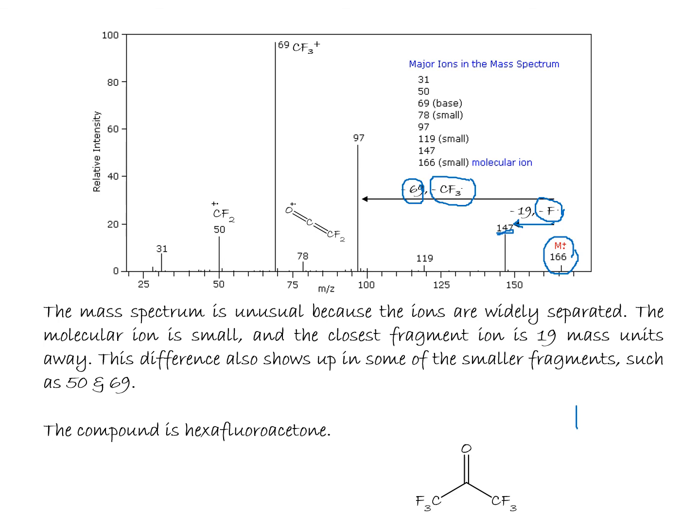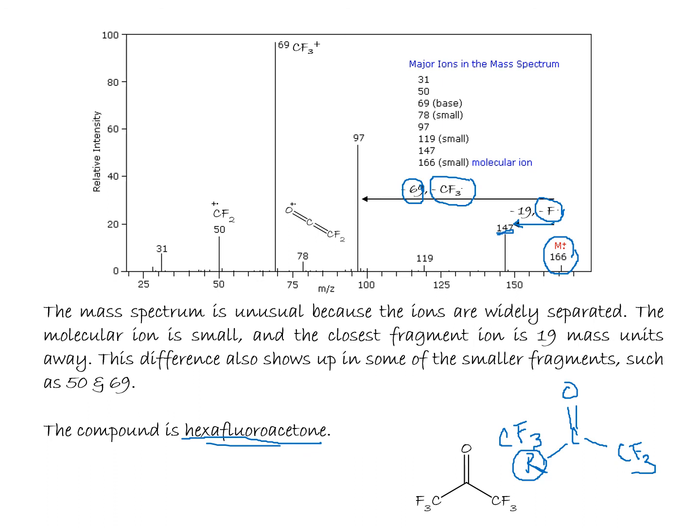So you have C=O, you have CF3, and the rest of the part is here. According to the 166 molecular ion, this part is again CF3. And you end up with your compound being hexafluoroacetone.